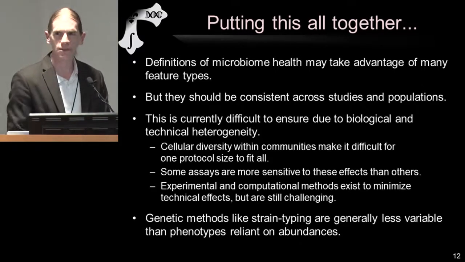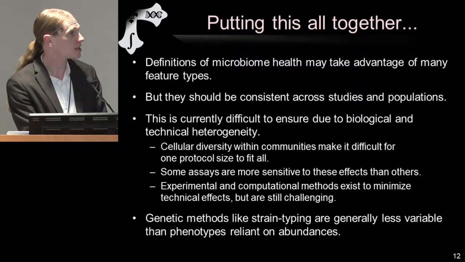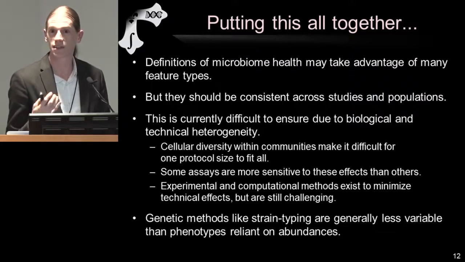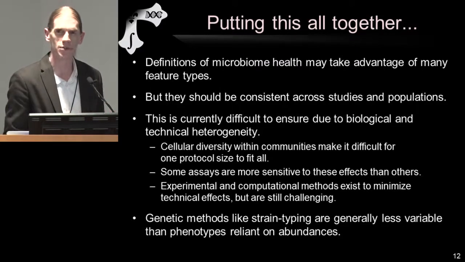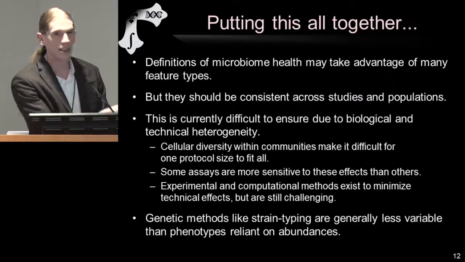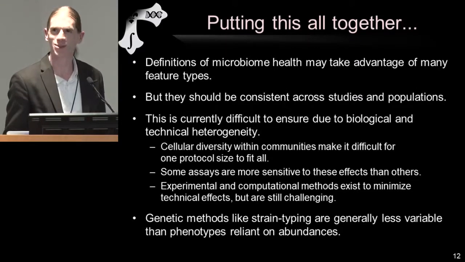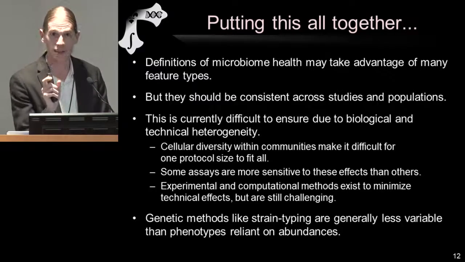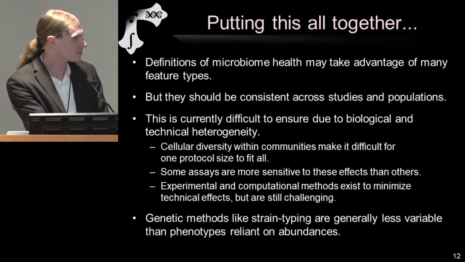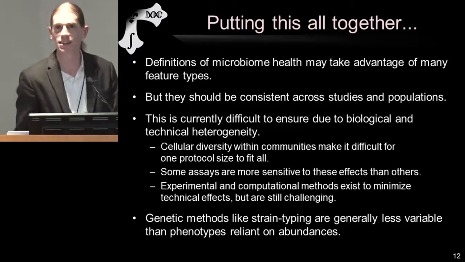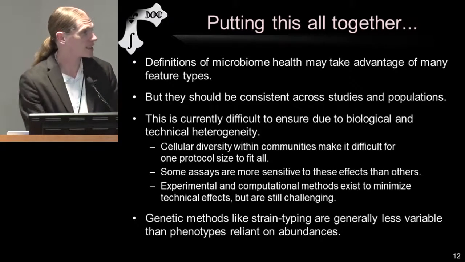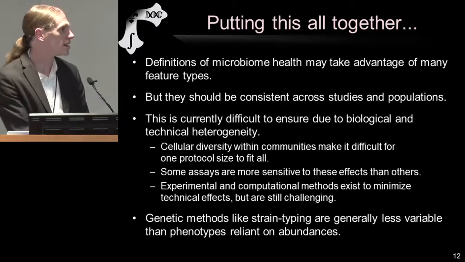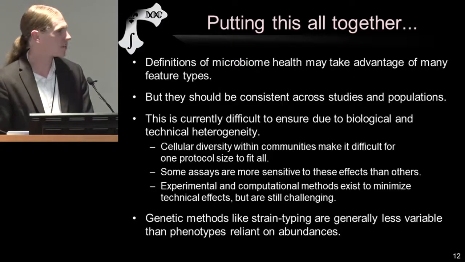And this is currently difficult but not impossible due to this technical heterogeneity, the differences in protocols available to study the microbiome, and the underlying cellular diversity. Different bugs are different, unlike a lot of, say, human DNA, which can make it easier and more tractable to measure carefully. So within this diversity, there are certain methods like strain typing that are generally less variable across populations.